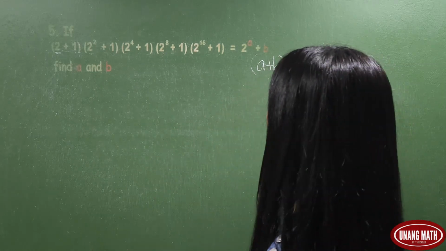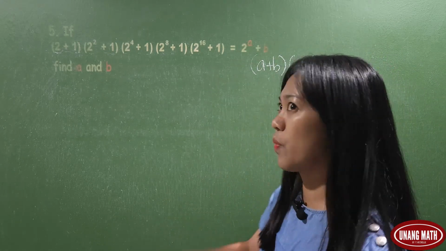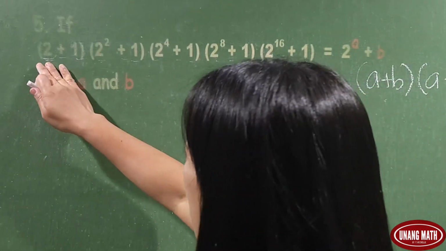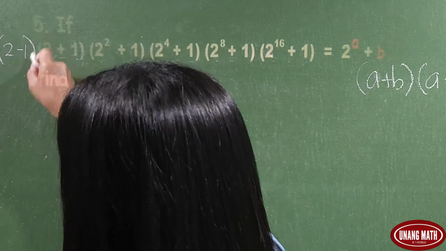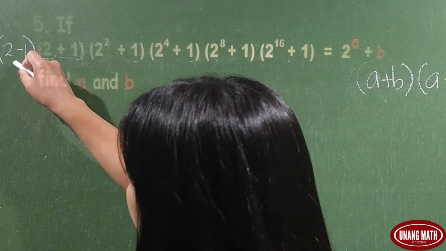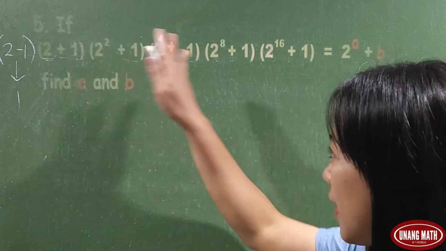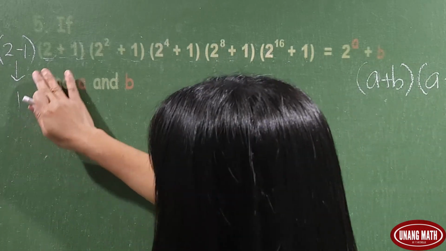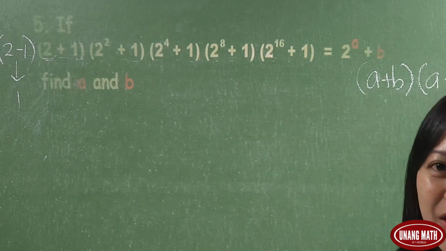To use this special product identity, or to use this difference of squares, we imagine we will multiply this expression by 2 minus 1. Take note, 2 minus 1 is equal to 1. And 1 times any number, the answer is that number. So 1 times this expression, then we will just get the same expression.